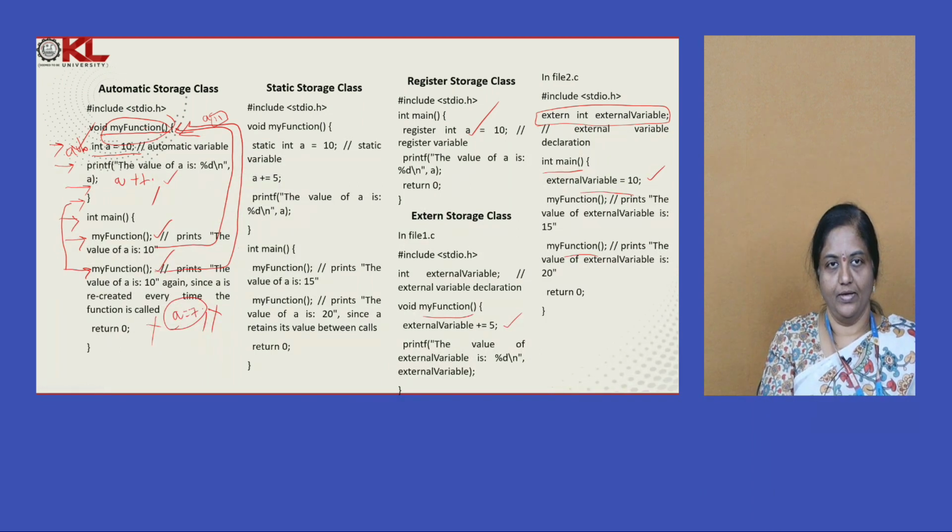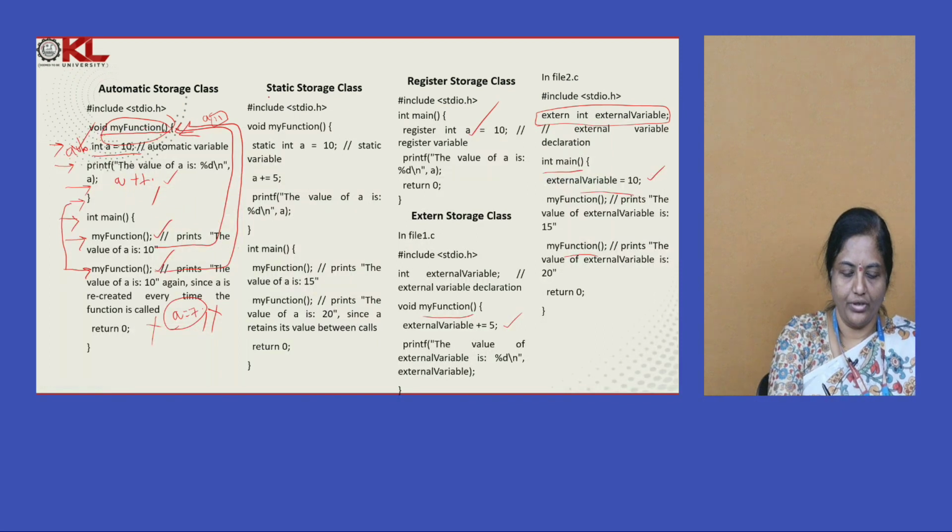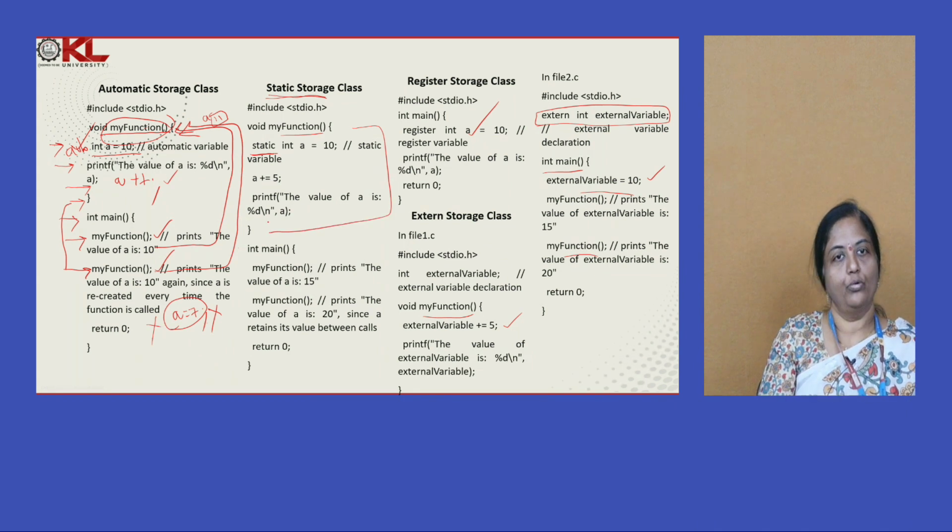Understood? Yes. And then move on to storage, which is my static, which is my favorite storage class. The moment you write static, even though int A is declared in my function, its scope and accessibility is only confined to my function.